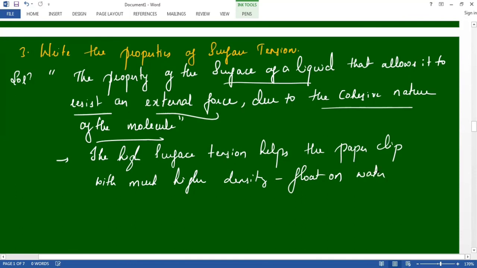So the high surface tension helps the paper clip with much higher density to float on the water.